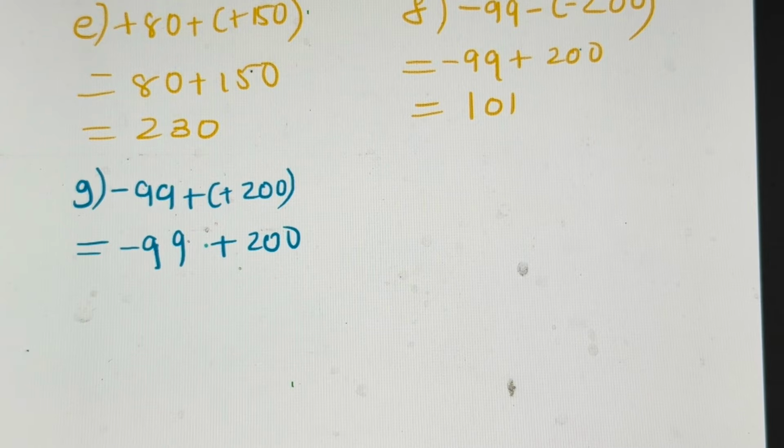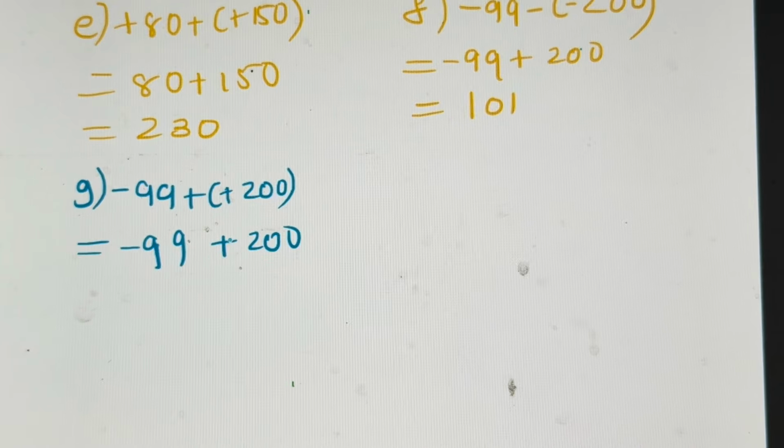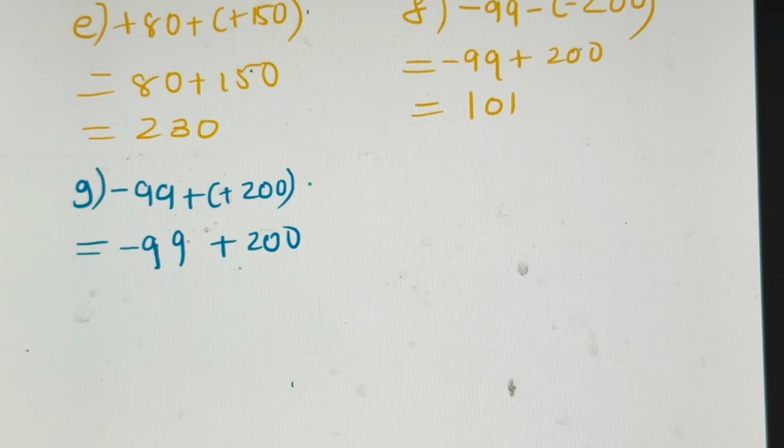Now different signs means subtraction again. You see, this is again the same as F. So 200 minus 99 gives you 101. Sign of the greater, so positive 101. If the answer is positive, there is no need to put the positive sign. But if the answer is negative, you need to put the negative sign.